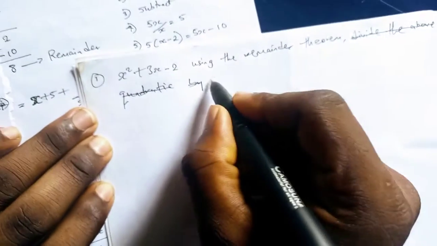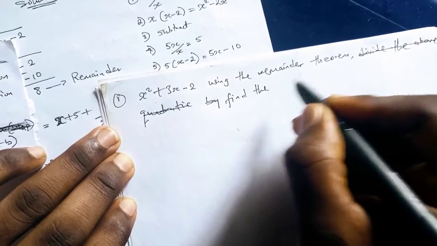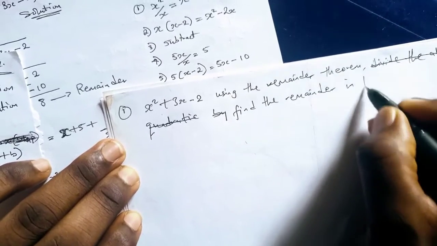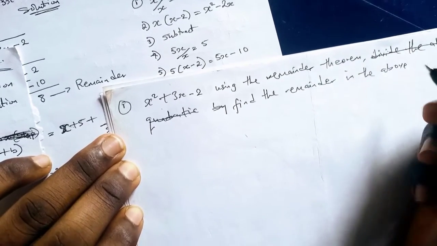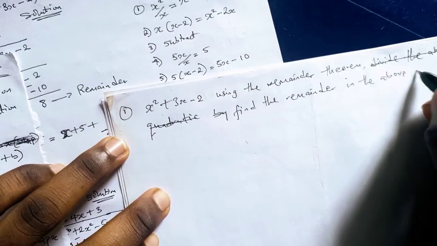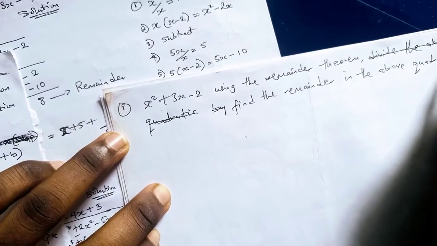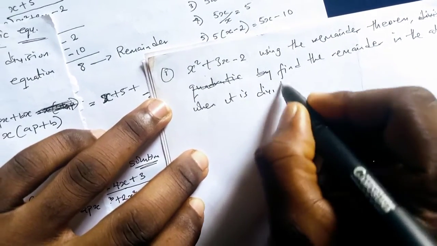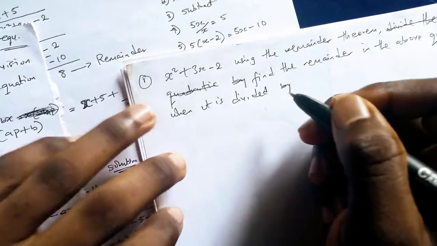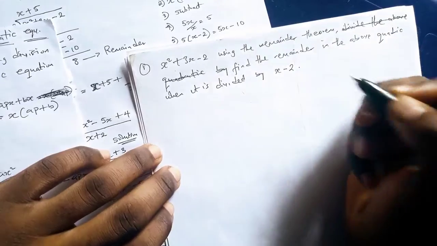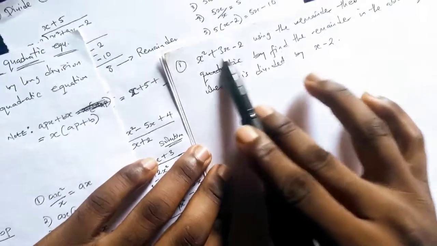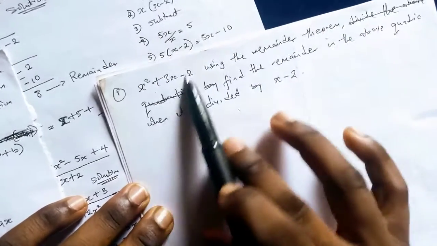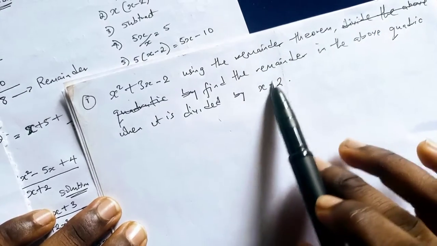Using the remainder theorem, find the remainder in the above quadratic when it is divided by x minus 2. So now this is the question. This is the quadratic. Using the remainder theorem, find the remainder in the above quadratic, which is this, when it is divided by a factor of x minus 2.